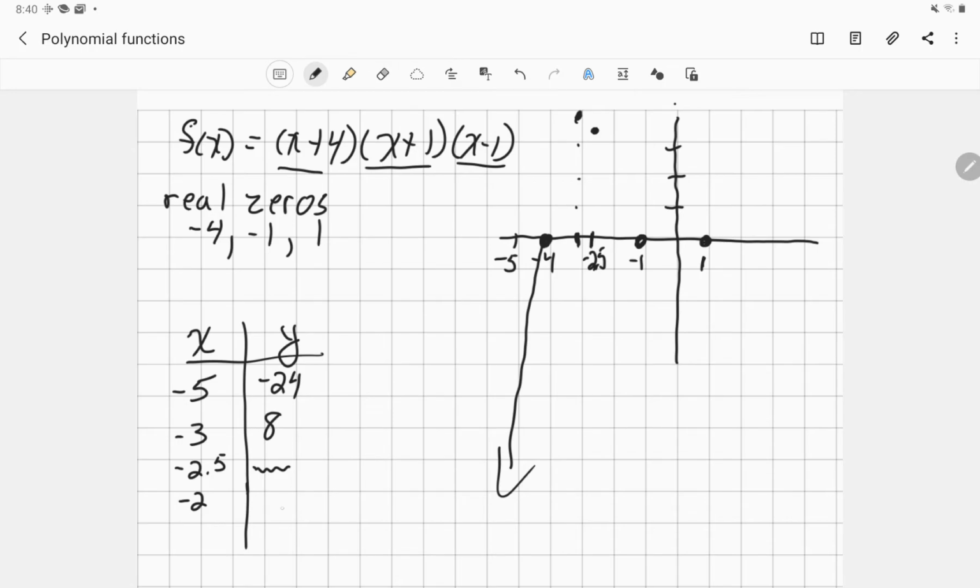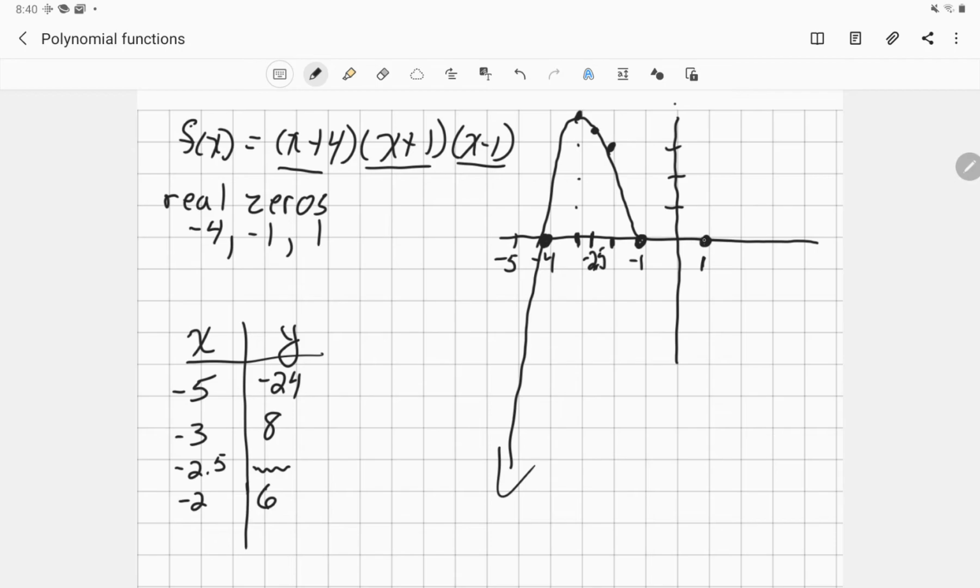And then I'm going to put -2 in, which would give me 6. So at -2, it's 6, 2, 4, 6. It's right here. And so I can tell you that this is coming up and then coming back down.